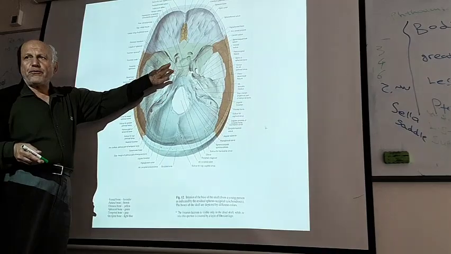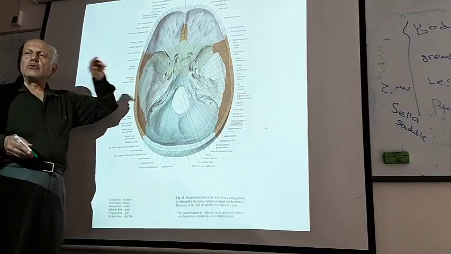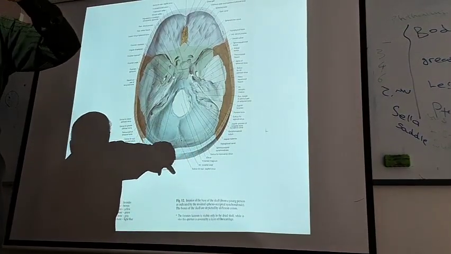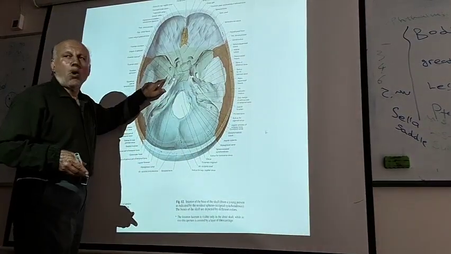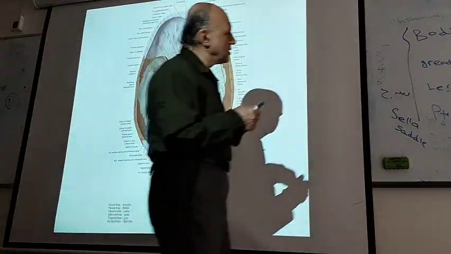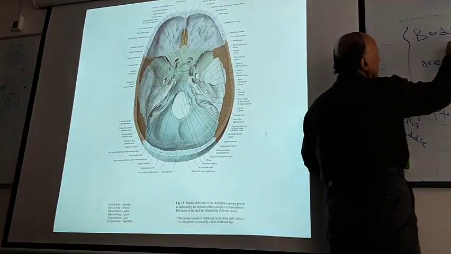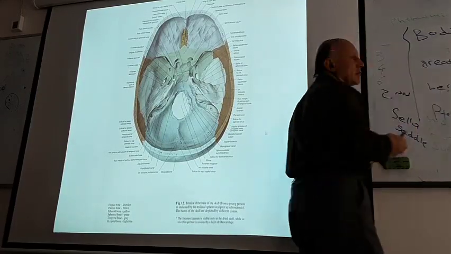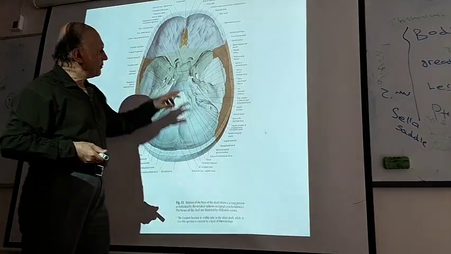It is foramen rotundum. Rotundum, you say in Arabic, dire. It is foramen oval. In Arabic, basic. This is diagonal and this is base. This foramen is like a base.